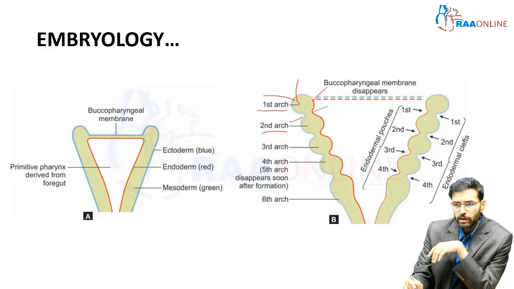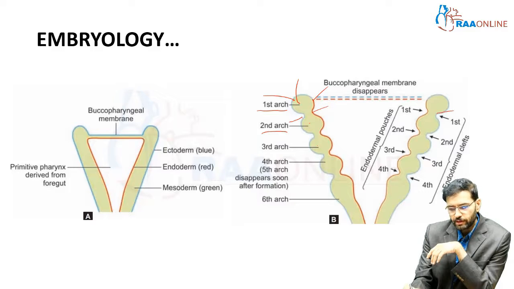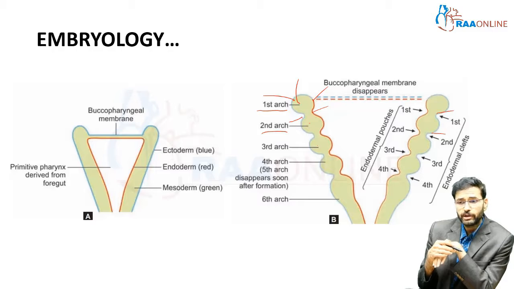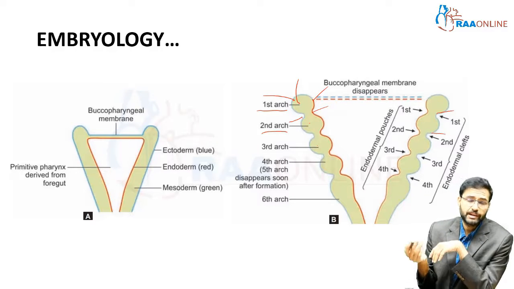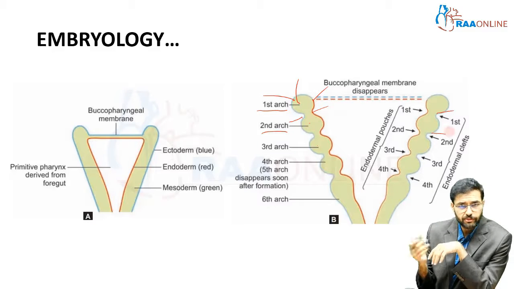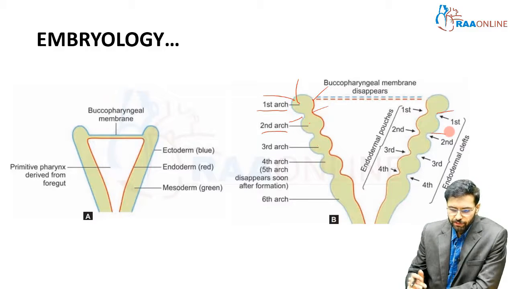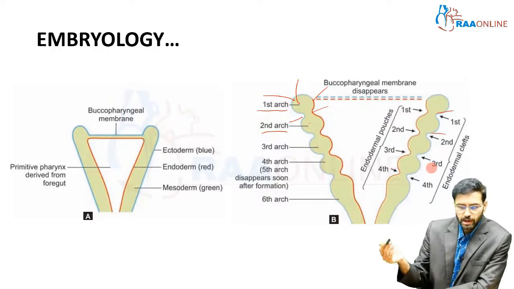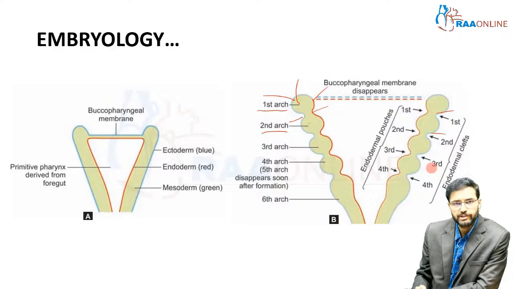The ectodermal, or blue, areas form depressions called ectodermal clefts, also called pharyngeal branchial clefts or pharyngeal clefts. These clefts and pouches are located between pharyngeal arches. So you have first, second, third, and fourth pouches, and first, second, third, fourth pharyngeal clefts.